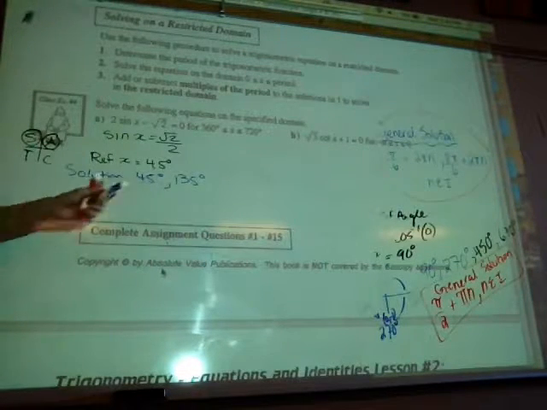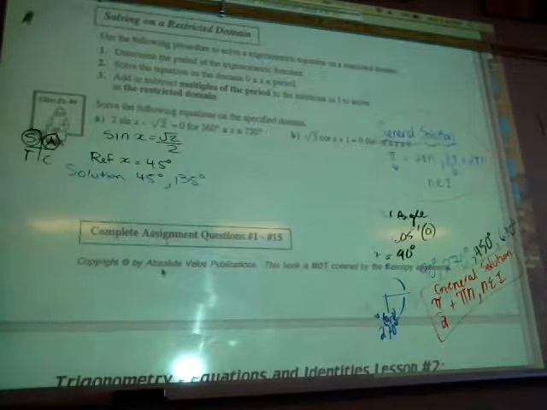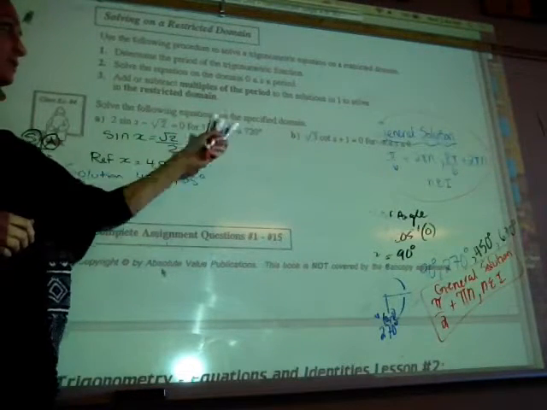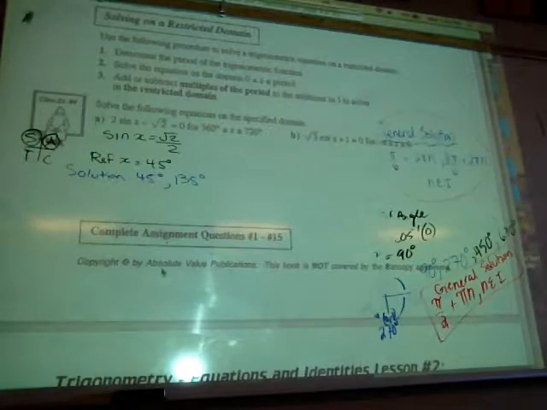Do those solutions fit between 360 and 720? No. So what am I going to have to add to these to get within that domain? Add 360. So why don't you guys do that until you get solutions between 360 and 720.